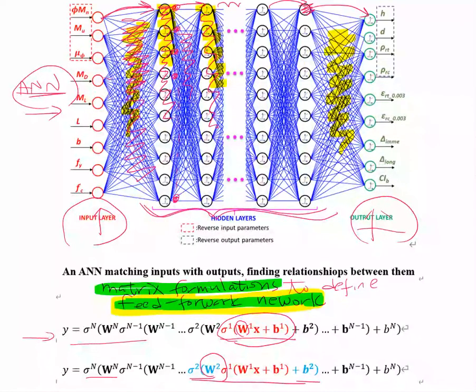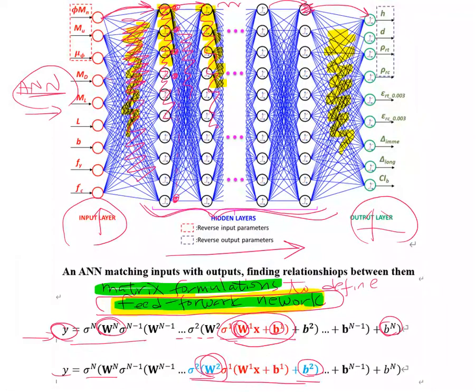And all the feed-forward networks, all the way from here to here, should be expressed in terms of these weights and biases, all the way towards the nth weights and nth bias and the output, as you see over there. This is the output, so you can say y equals something like that.